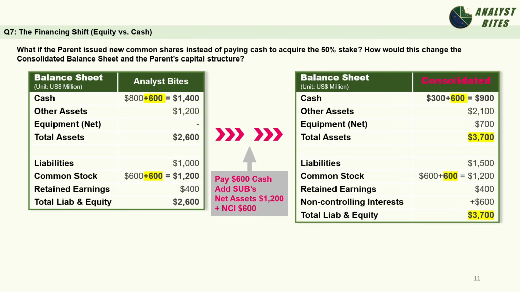So where is the difference in the final report? Look at here. Compared to a cash deal, this method saves 600 million in cash, but the price is that the parent's common stock becomes much larger. This leads to a very hidden exam point. The parent company's total assets and total equity have both increased.